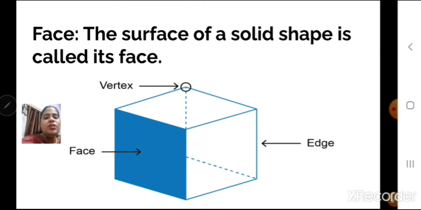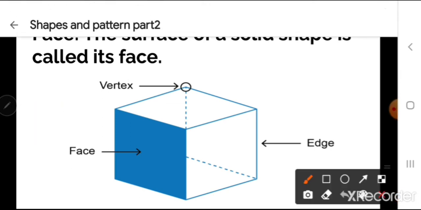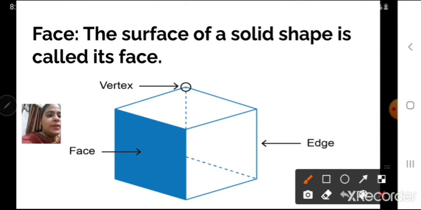Now look at this example. Here it is a cube. You have seen a Rubik's cube, correct? So it is like that. In this figure, the face is the surface that you can see, the flat surface. Let us count how many faces there are. This one is one.